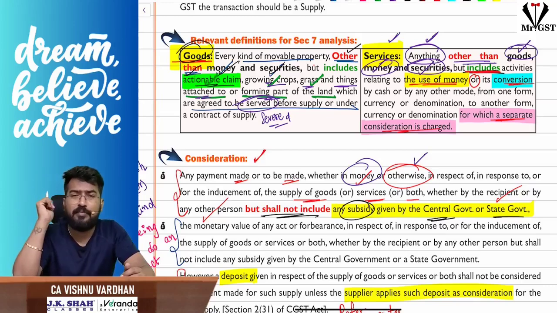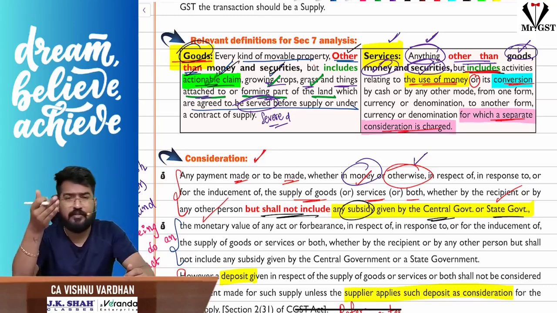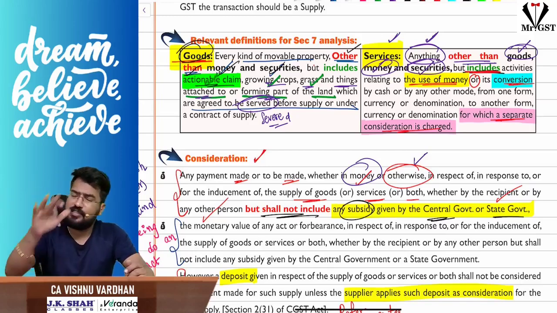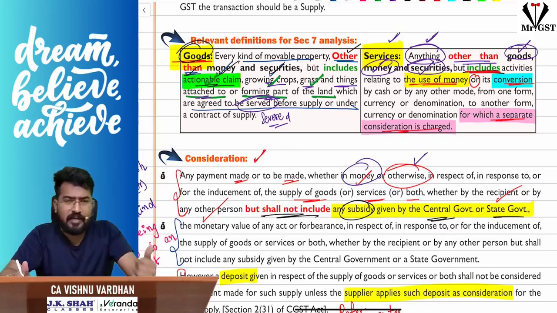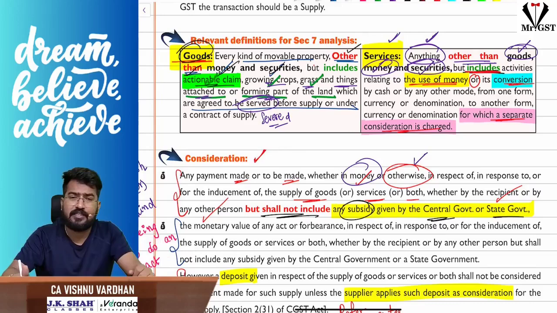For example, a bank gives loans and charges interest, or a forex dealer gives dollars and takes rupees, charging a separate consideration. All these are service. If I give you 1 lakh and take 1 lakh, it is not a service. But if I give you 1 lakh and charge 1% interest, that 1% interest becomes service. Clear?